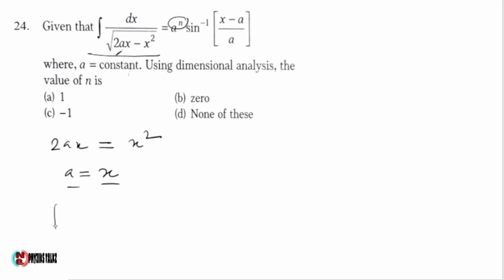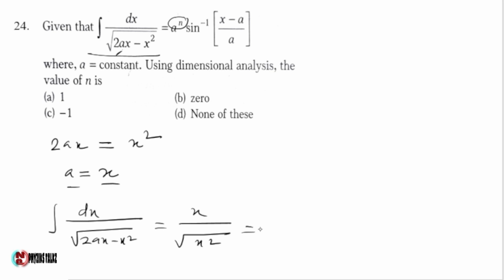Now dx by root over of 2ax minus x square, which gives x by root over of x square, which gives 1. So this integration is a dimensionless quantity. So the left hand side is dimensionless, so the right hand side also is a dimensionless quantity.